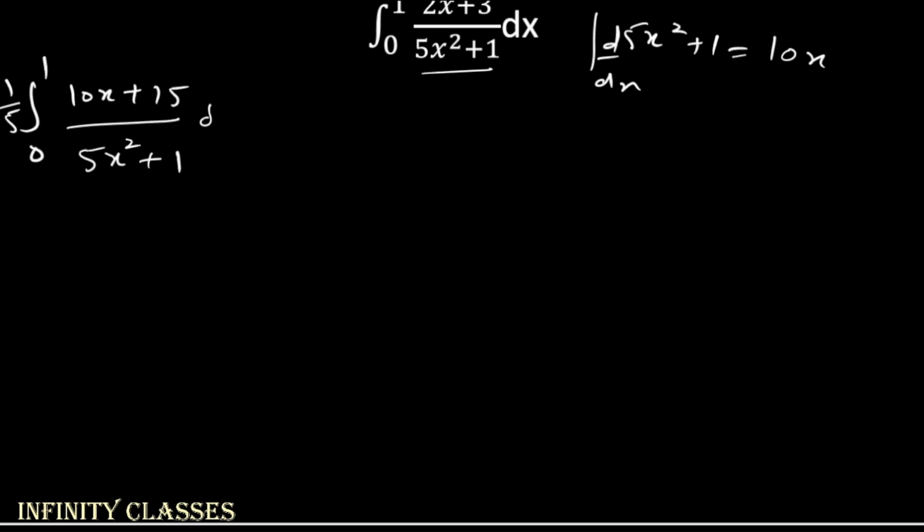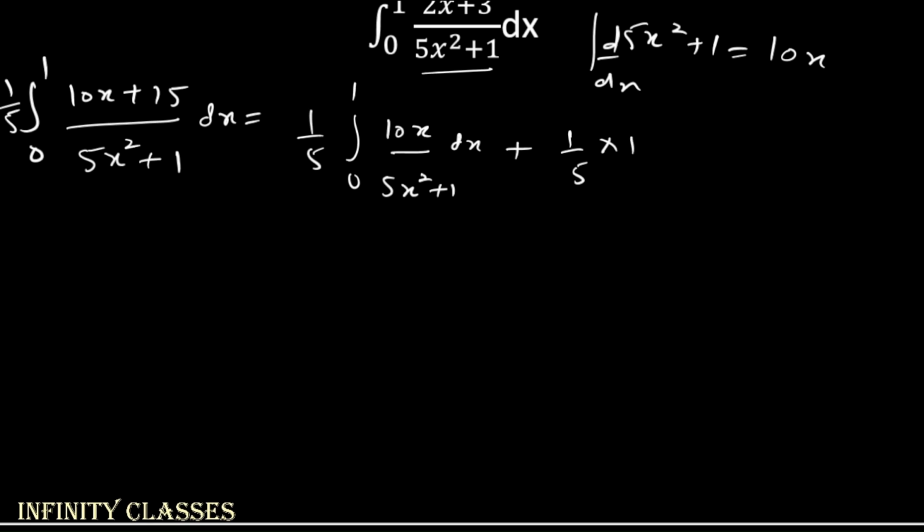So 1 upon 5, from 0 to 1, of 10x over 5x square plus 1 dx. We will separate this actually. Then 1 upon 5 into 15, because it is a constant, we can put it outside the integration, because integration is with respect to x. Now we will cancel, it is 3.